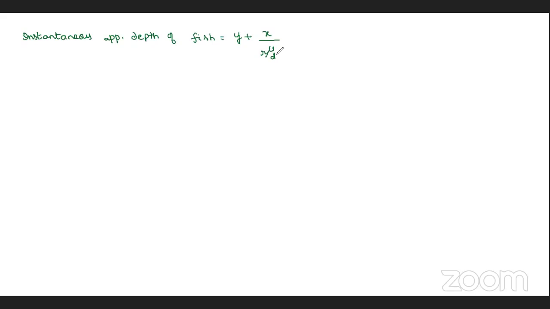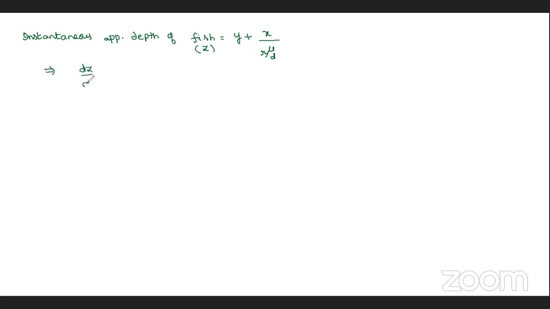Correct? This apparent depth, better you take it as some z. Since it is instantaneous, we can differentiate. That implies velocity I require, so with respect to time I have to differentiate.